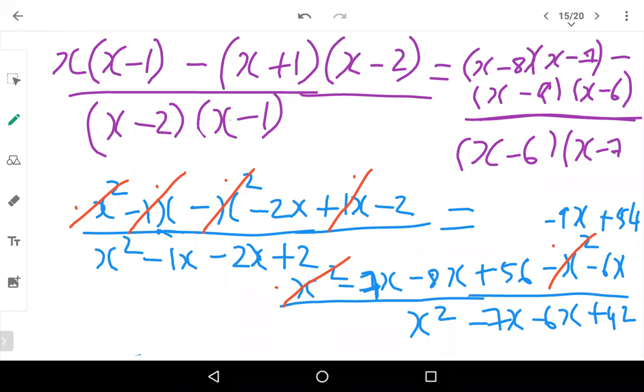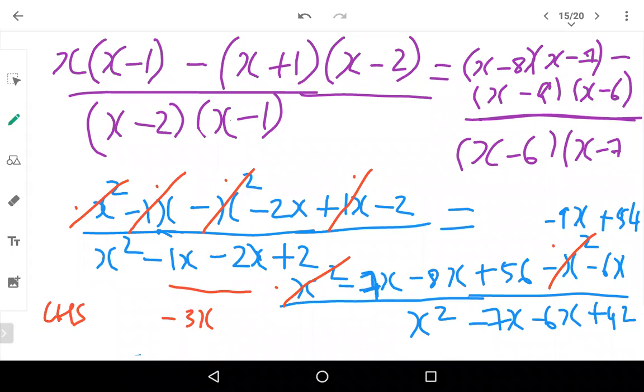Now, on to the LHS, that is left hand side. What else is left out? Minus 2x minus 2 divided by x square minus 1x minus 2x plus 2. Now, this minus 1x minus 2x, I can write it as minus 3x.